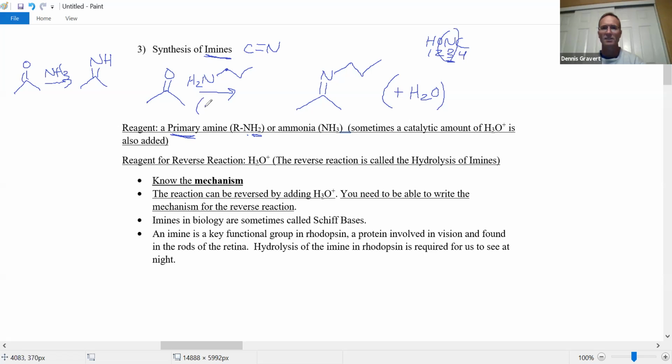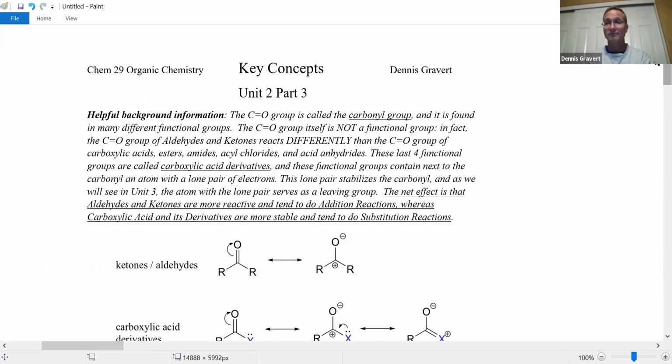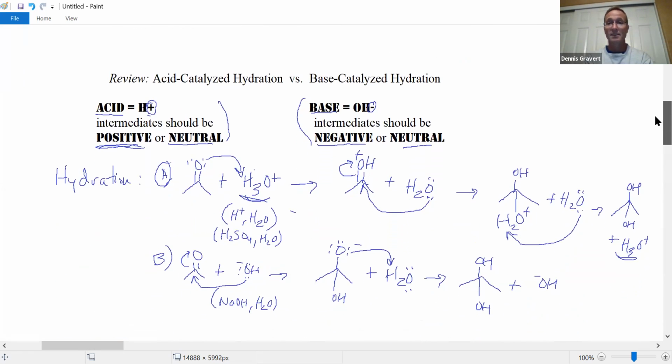Technically, there has to be a catalytic amount of H plus to make the reaction go. That's something you have to remember. This one starts out looking like an acid catalyzed mechanism. So let's take a quick look at that mechanism over here. It is the longer one, right?